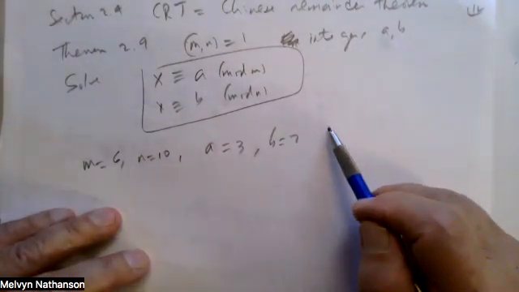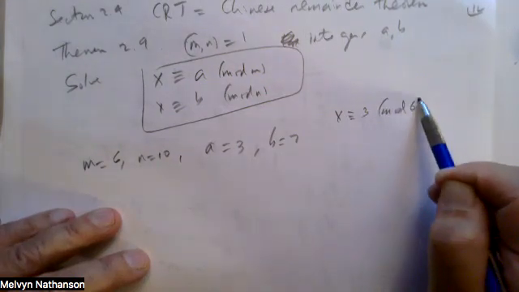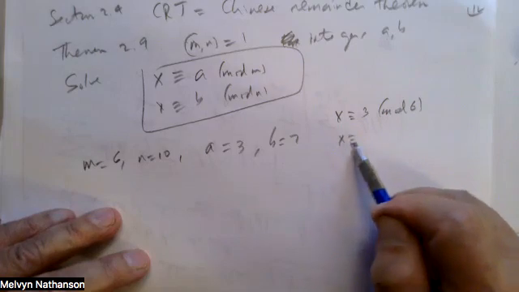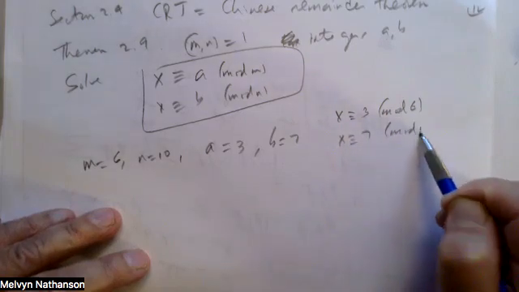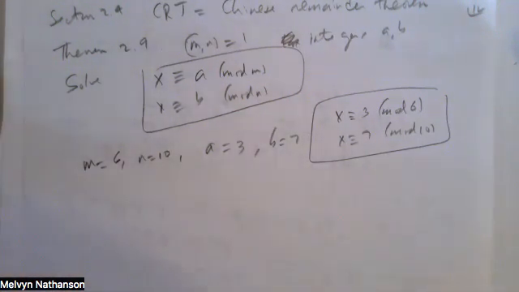I want to try and solve x congruent to 3 mod 6 and x congruent to 7 mod 10. I want to find one integer that solves both of these congruences. Let's see. Let's try to do that.